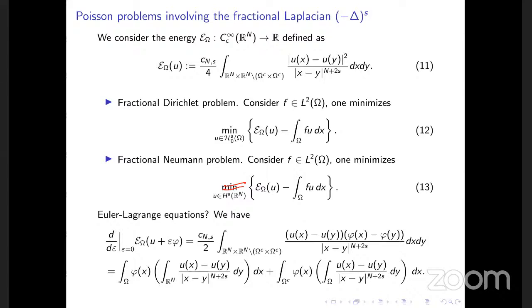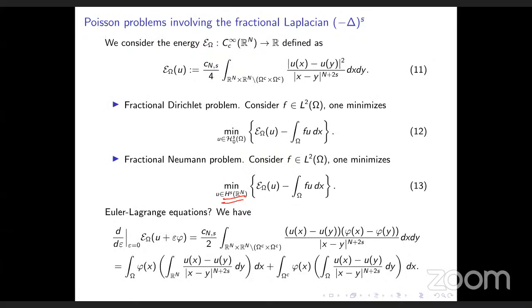One is the integral in Rn of u(x) minus u(y), which is the fractional Laplacian, and another term, which is a kind of counterpart of the Gauss-Green formula.